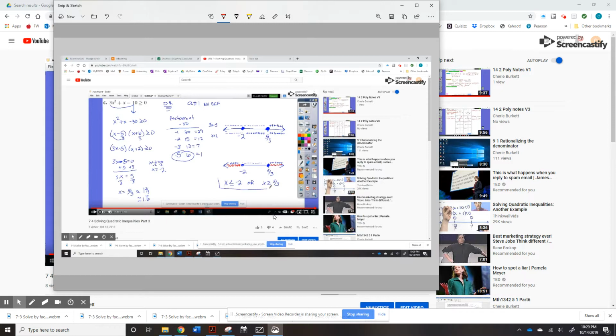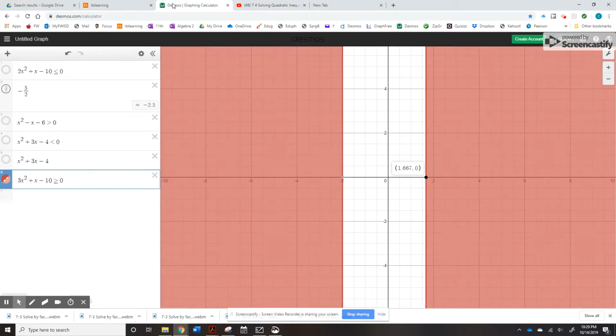And this would be negative infinity, where we started shading, and then we stopped at -2. That would get a bracket. That would get a parentheses. And we would union that with, we start shading again at 5/3 and it's filled in. So 5/3, comma, and it stops at positive infinity. So that would be another way we could write it. And I believe that Desmos showed us that right here, shaded this way, shaded that way.